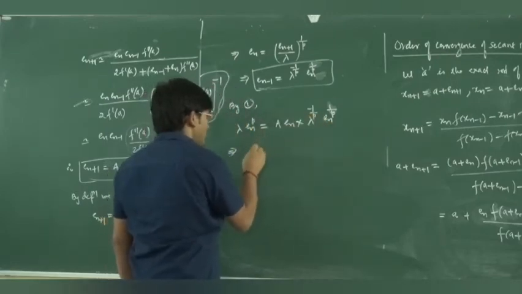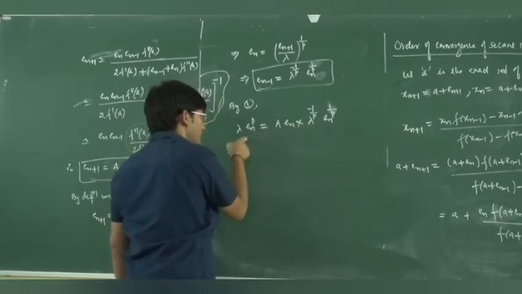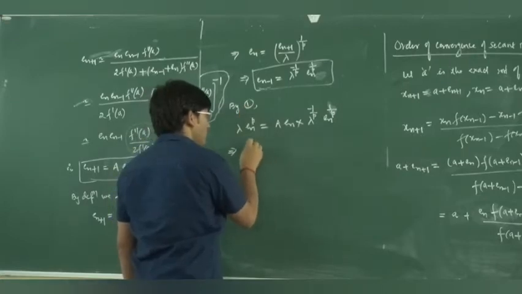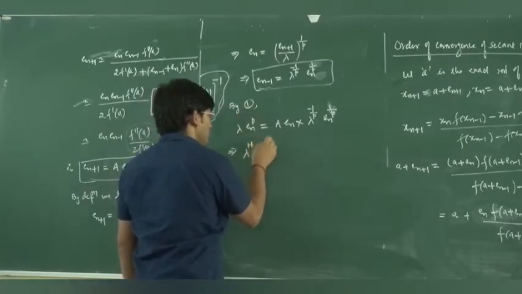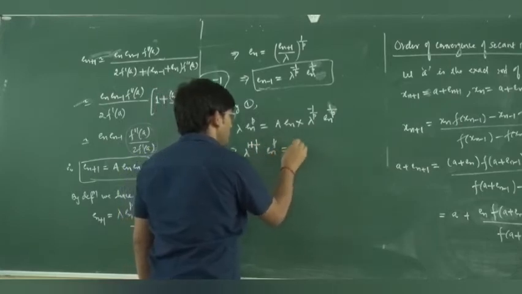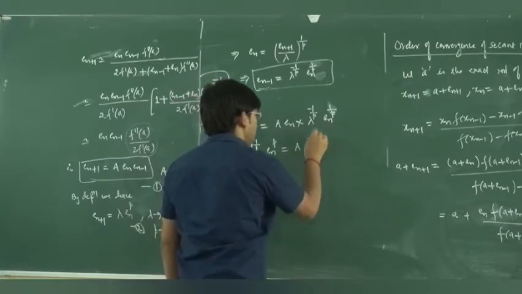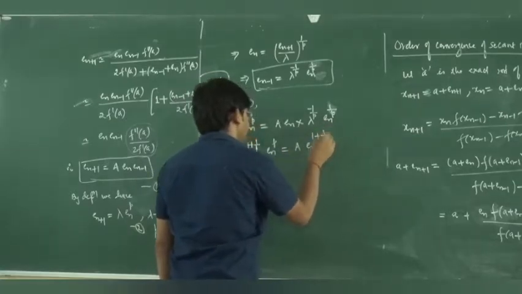So we can say that our lambda, and in the left hand side just take this minus 1 upon p here, then in the numerator we will have lambda power 1 plus 1 by p, now into En power p equal to A times this En power 1 plus 1 by p.